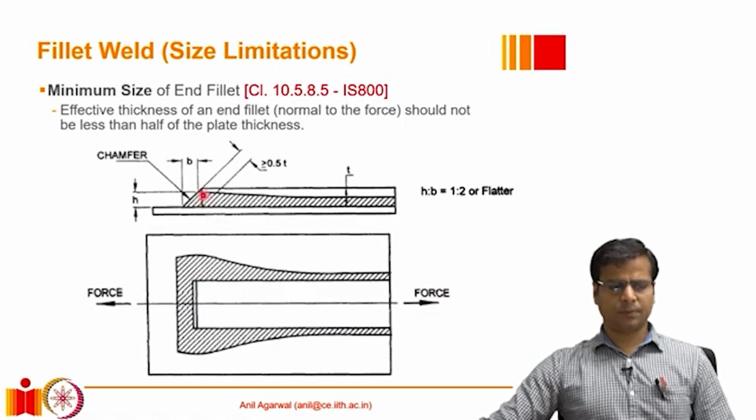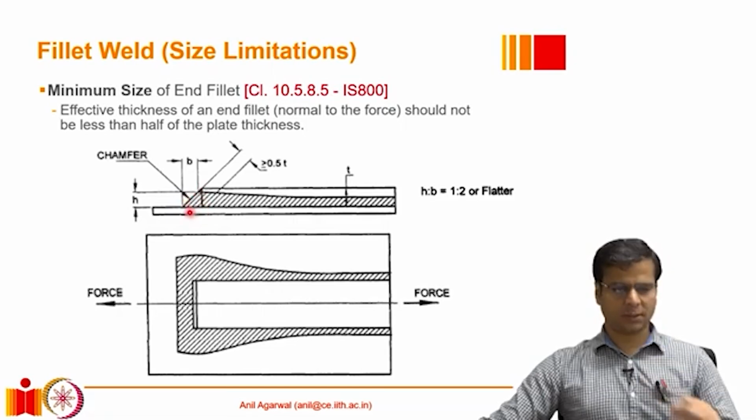In such a situation, the Indian code requires us to have an end fillet in such a way that it creates an inclined plane on this surface. If you see a chamfer in such a way that this h by b ratio is 1:2 or flatter. So this weld should not be an equal sided weld.